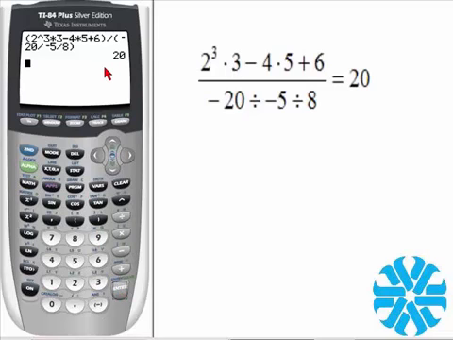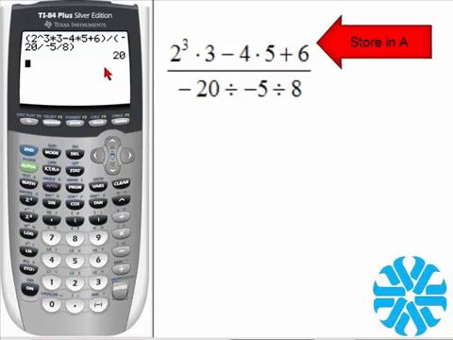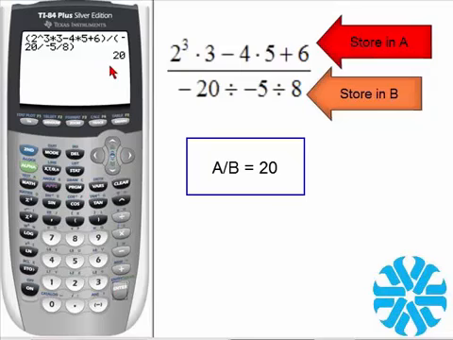So let's do the same thing as we did in example number 1. We're going to first compute the numerator and then store it in A, and then we're going to compute the denominator and store it in B, and then we're going to take A divided by B, and we should get 20. So let's do that.